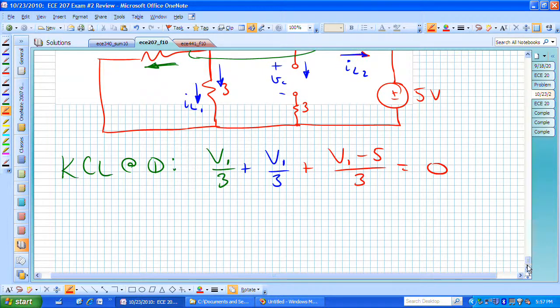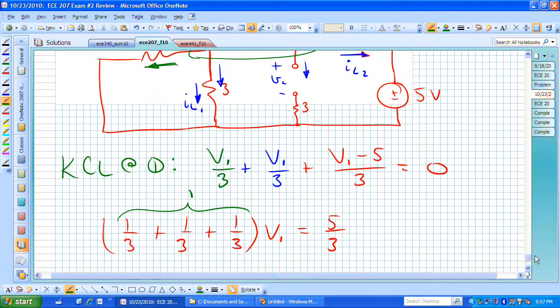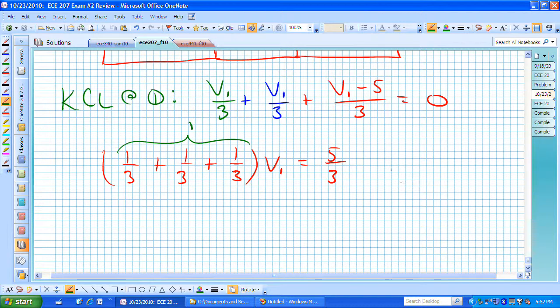All of those V1s can now be combined, and we can push the forcing term to the right-hand side, and luckily we've selected these resistor values to be fairly convenient. That says that V1 is 5/3 volts.